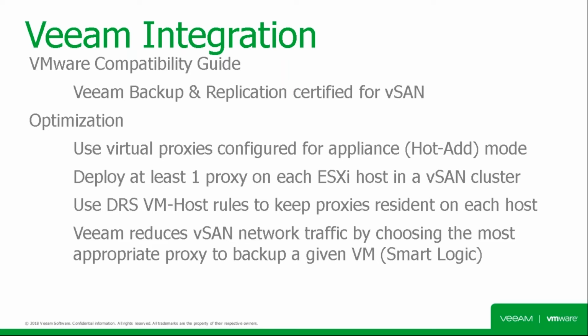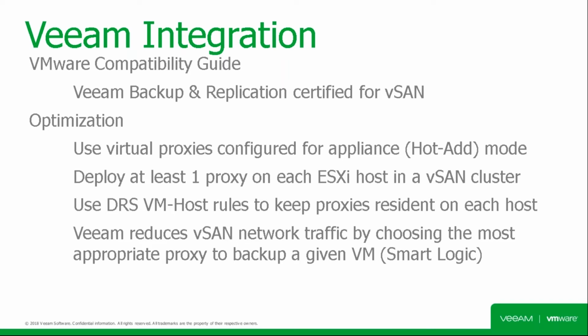What we recommend is that you deploy at least one proxy on each ESXi host within your vSAN cluster, right? We don't want to do hot add between one ESXi host where the VM lives and a different ESXi host where we do the backup, okay? You can use DRS VM host rules to keep the proxies resident on each ESXi host.